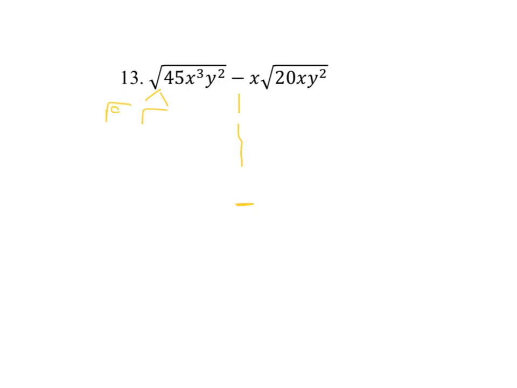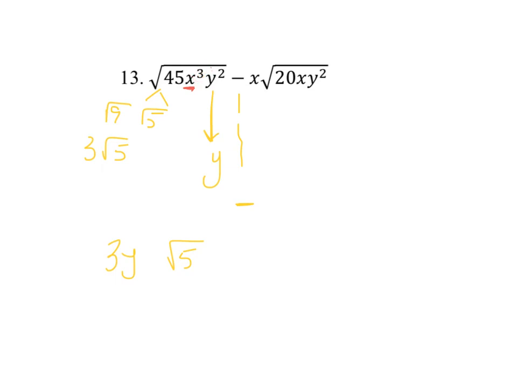45 will break up into 9 and 5, which results in 3 rad 5. Okay, the y squared comes straight out as a y, so that's done, so that's good. So what's left over right now is 3y rad 5. And the x cubed is where you got to start to work. So you got to think, how many times does 2 go into 3?